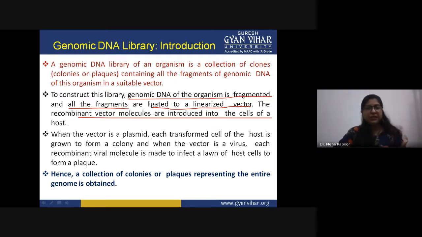If you are taking a plasmid as the vector, each transformed cell of the host is grown to form a colony, because we have transformed it with a plasmid. We have to grow it onto a media plate that contains some selectable marker. Or if you are using a virus or bacteriophage as a vector, in that case the recombinant viral particle forms plaques on the media.